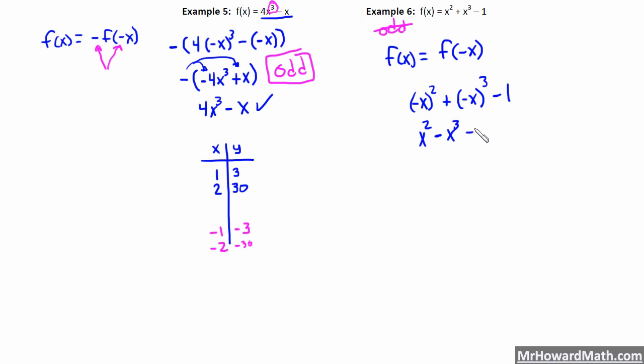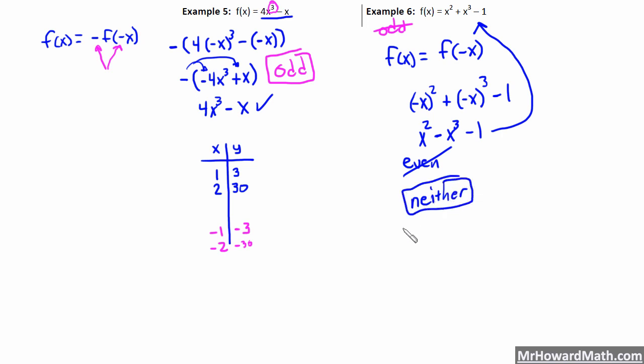And then we have this minus 1. Okay, so did we end with the same thing, x squared minus x cubed minus 1? That is not the same as this, so it is not even either. So there's no sense in looking in our table or anything, because we're going to see that it is actually neither. So the answer is neither. We checked for odd, we checked for even, and it didn't show up.